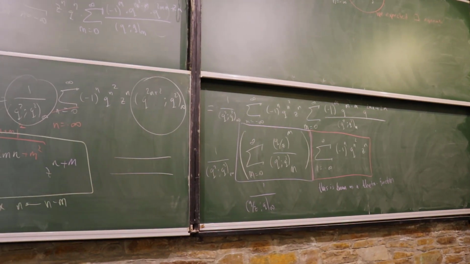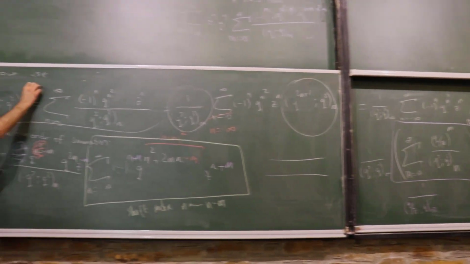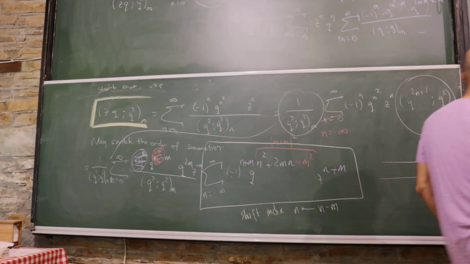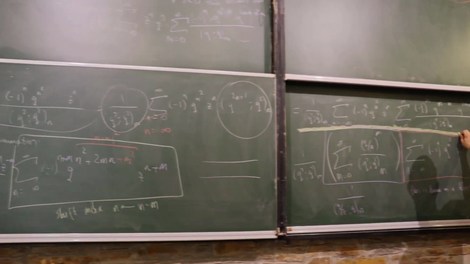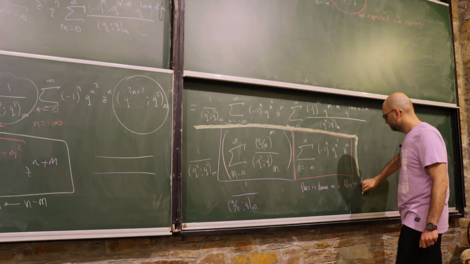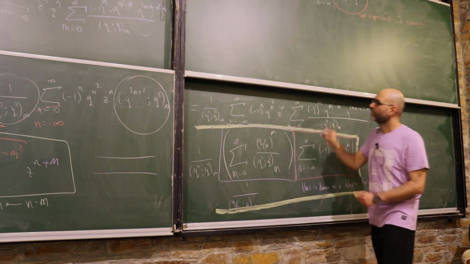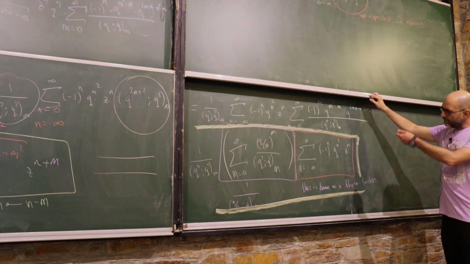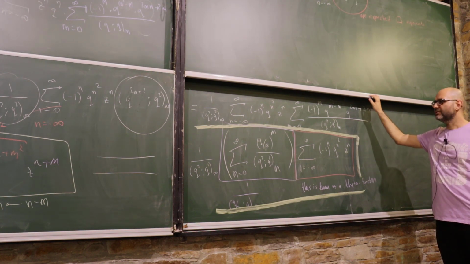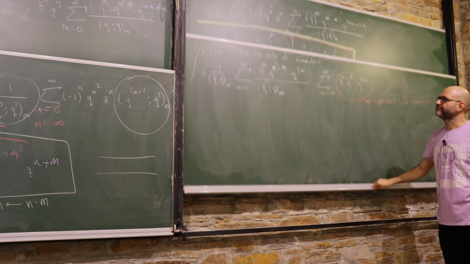Far left was this thing. Far right is that thing. If we leave this theta function alone on one side, this is Jacobi's triple product identity.